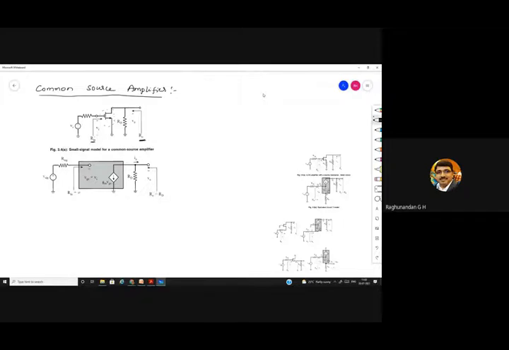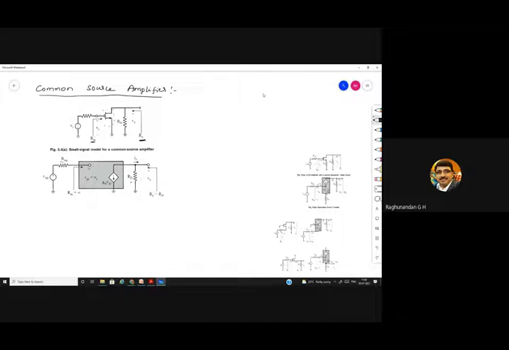Rest of the things are R signal, resistance RD. These are all the external resistances which we are going to connect externally, apart from the MOSFET's resistance, to provide the additional input resistance and output resistance.